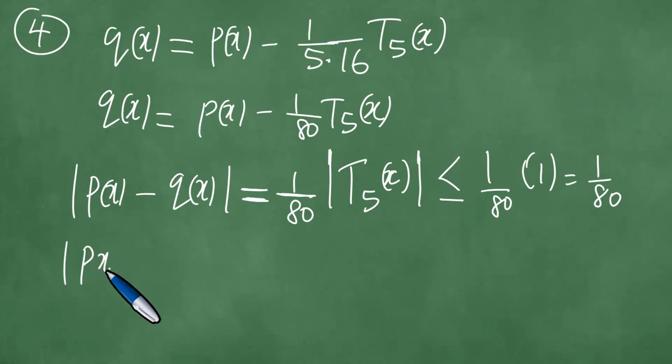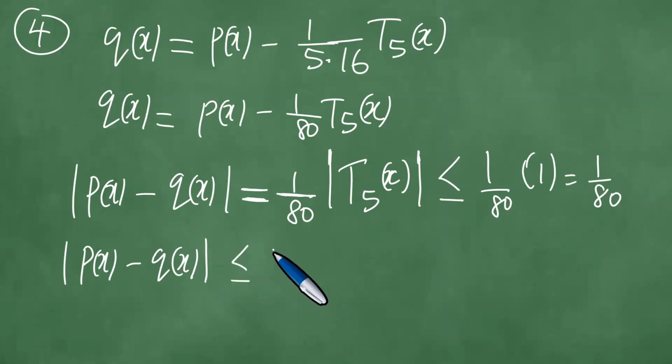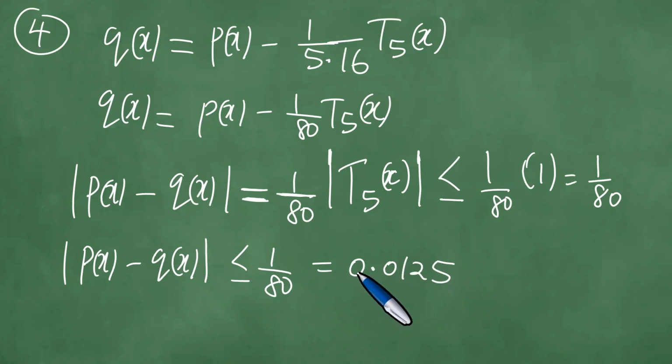So that the modulus of P of X minus Q of X is less than or equal to 1 out of 80, which is 0.0125, when minus 1 is less than or equal to X, less than or equal to 1.